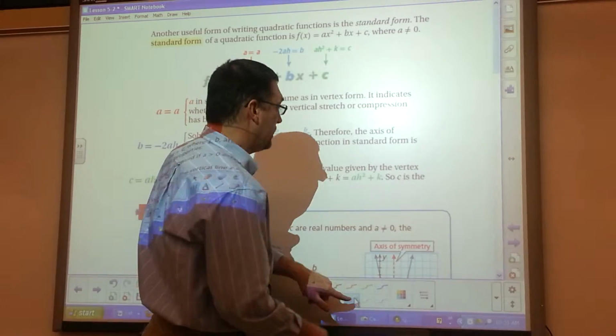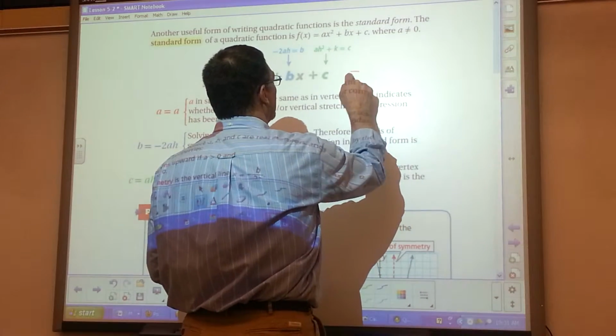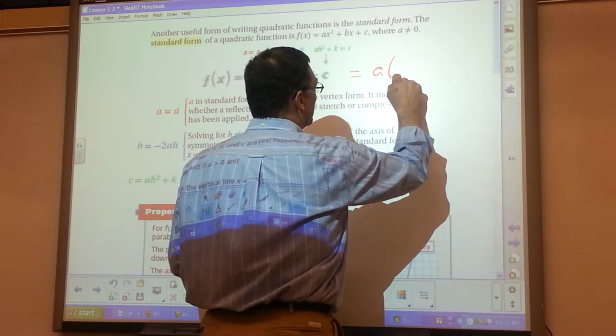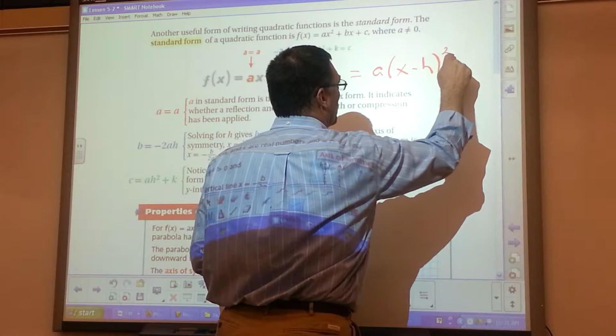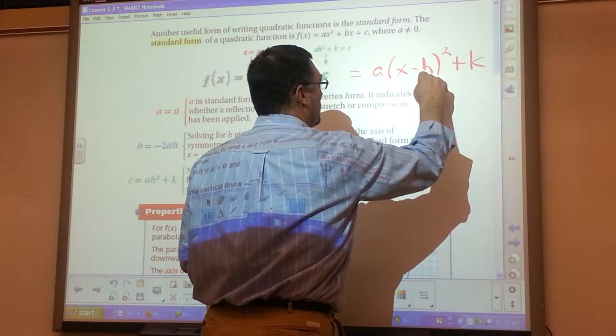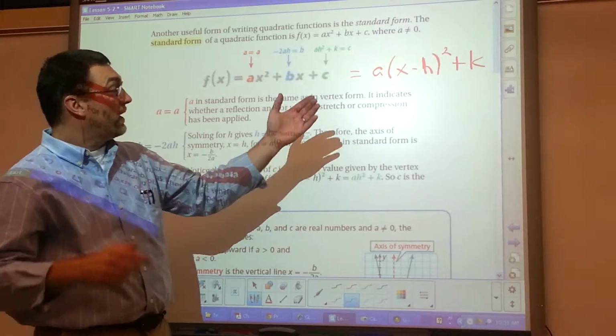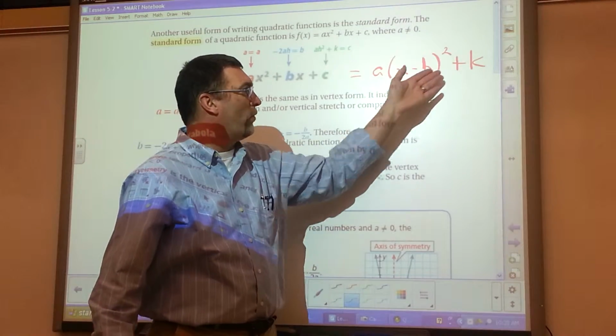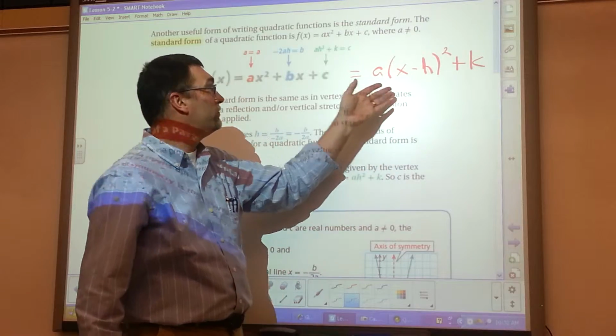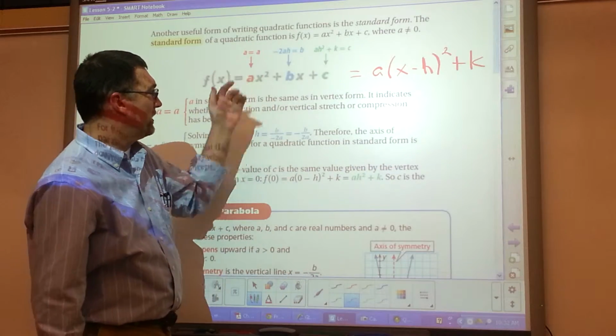This is the same as a times x minus h squared plus k, only when I multiply this out, I FOIL the x minus h squared, and so I get this.